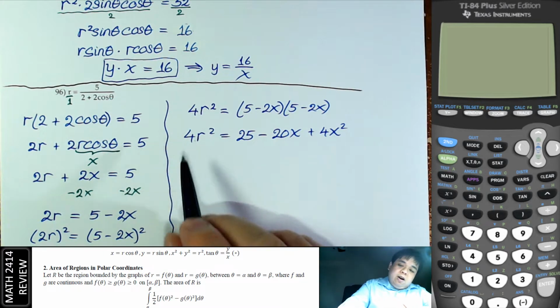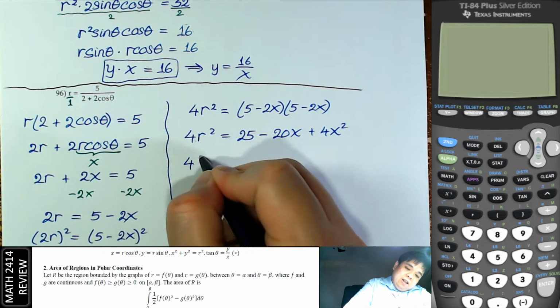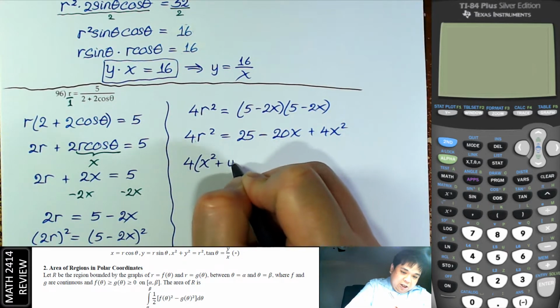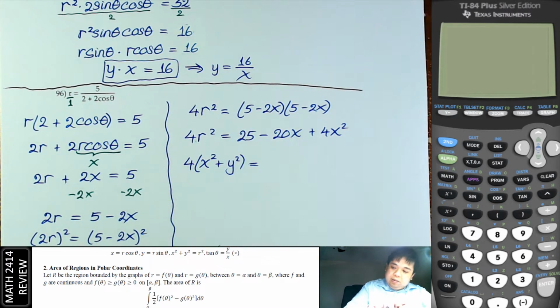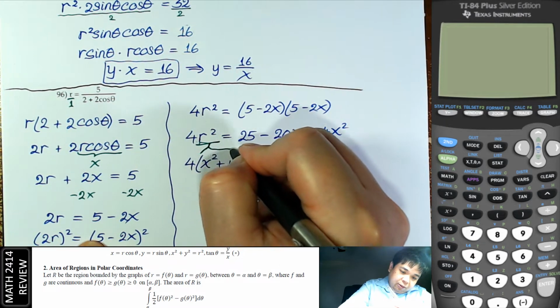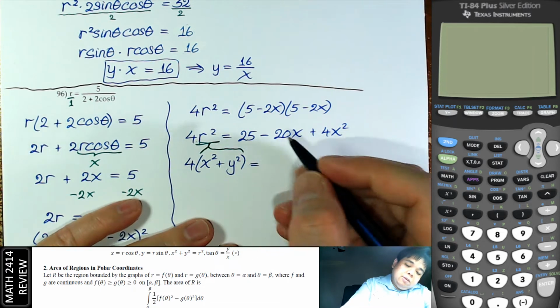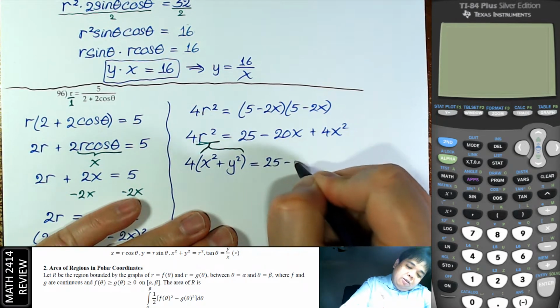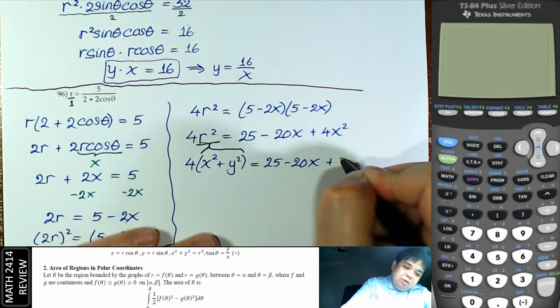And then the r squared here is x squared plus y squared. And then 25 minus 20x plus 4x squared.